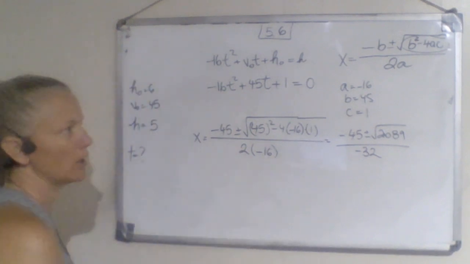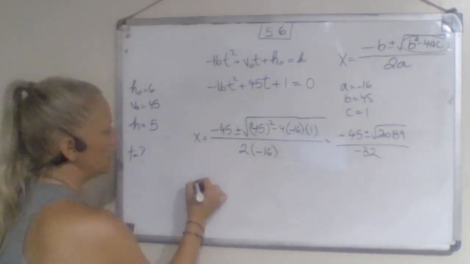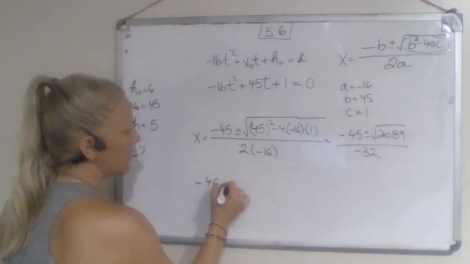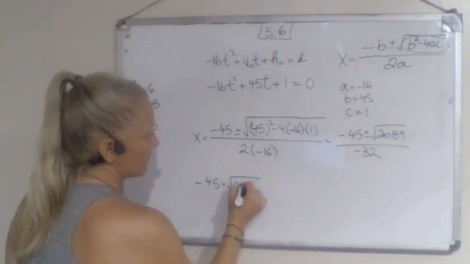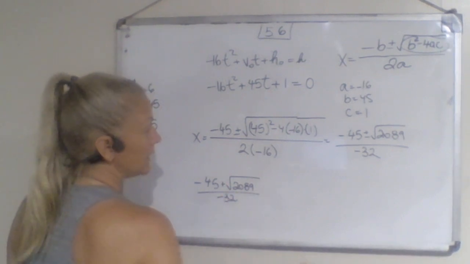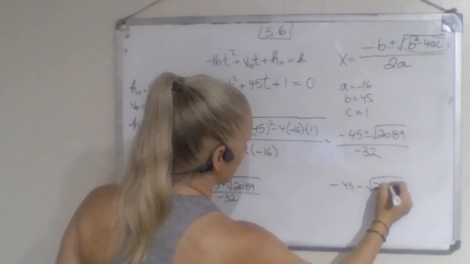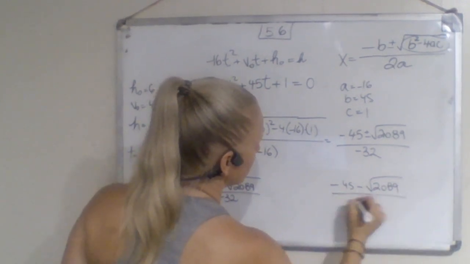You can do this in a calculator if you want to. And now I need both solutions out. One of them is negative 45 plus the square root of 2089 over negative 32. The other one is negative 45 minus the square root of 2089 over negative 32.